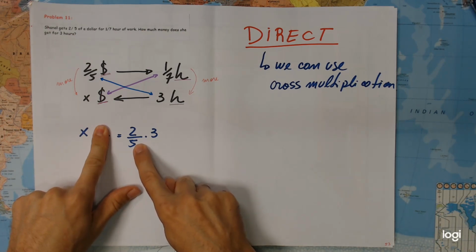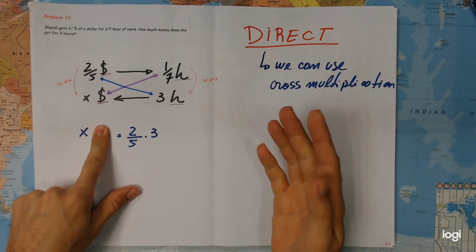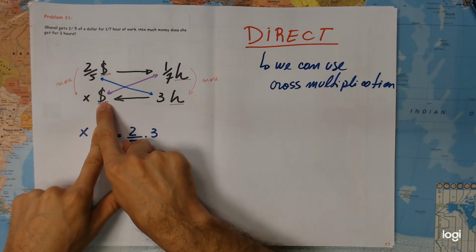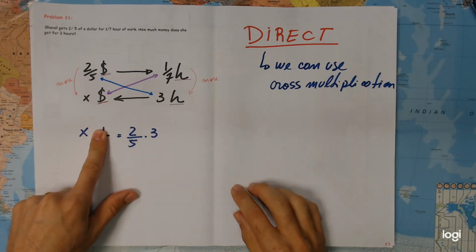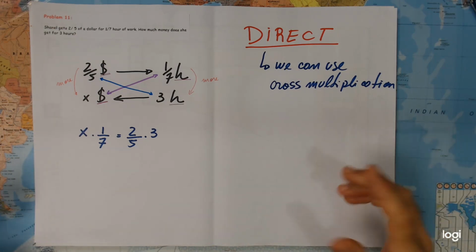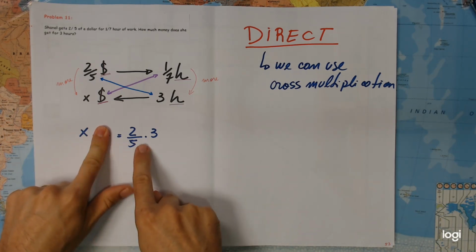Okay, very easy. The answer would be 6/5 of a dollar. No problem. That would be the end. But we have this 1/7 in here. Remember, in order to solve the equation, the x must be alone.